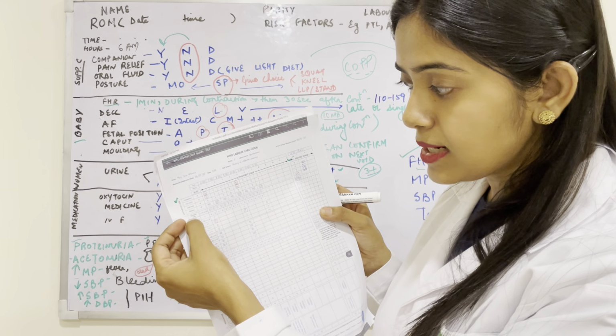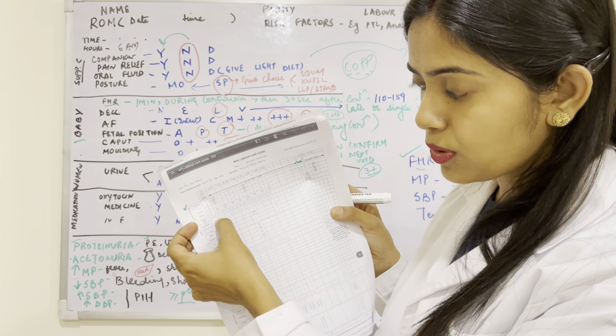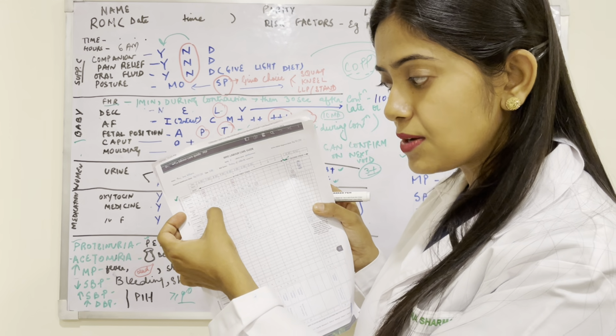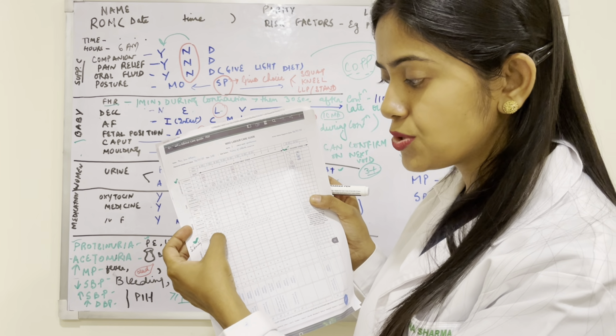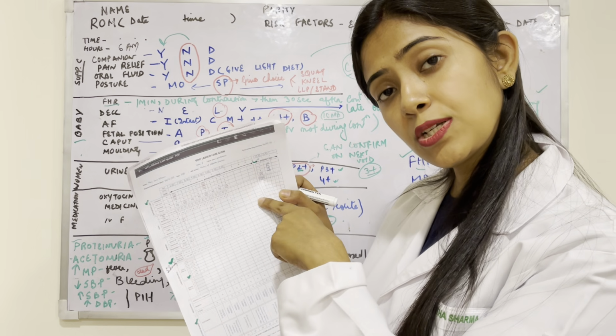That is, for the fetal heart rate, you have a sub-column in this 1 hour column every 30 minutes. So fetal heart rate, you can plot every 30 minutes. Uterine contractions, you can plot every 30 minutes when the lady is in active first stage of labor.